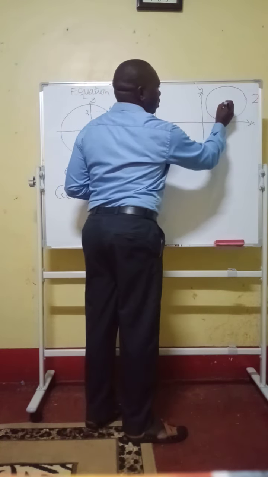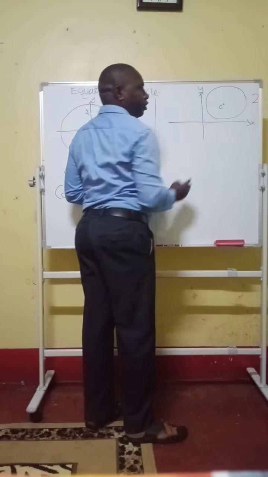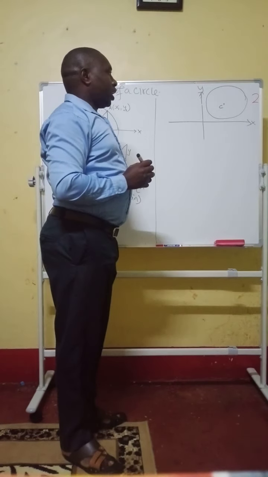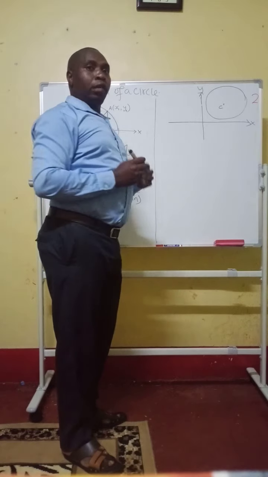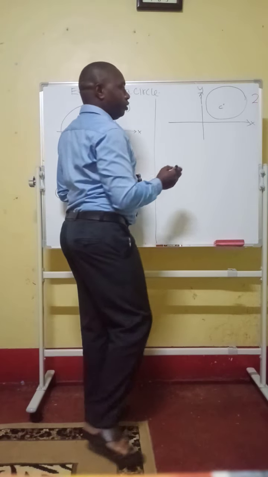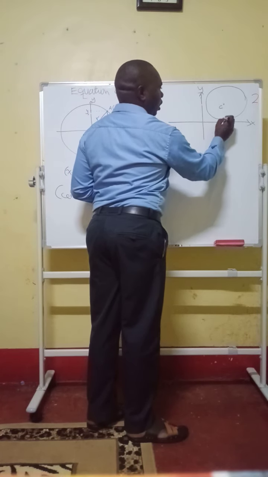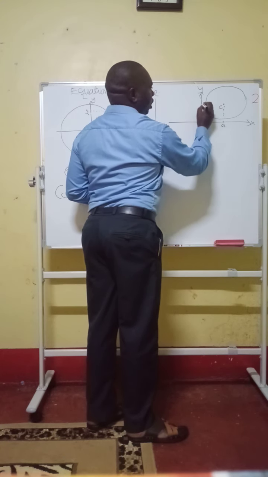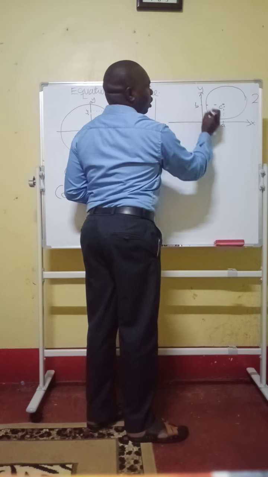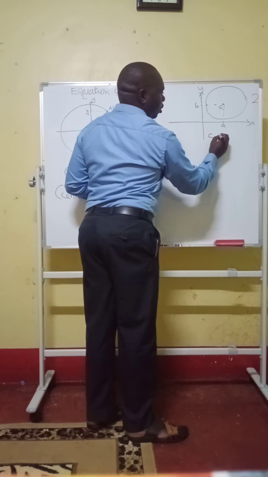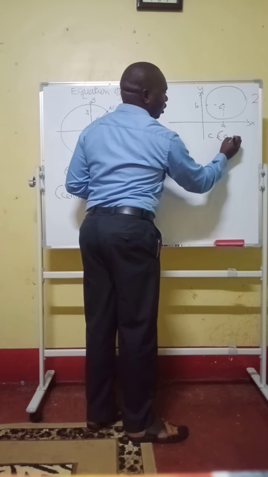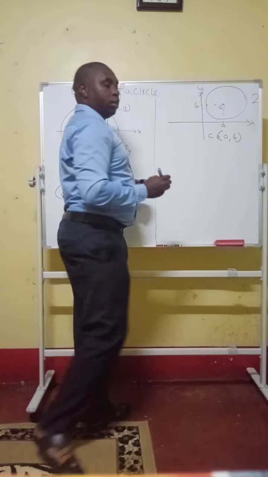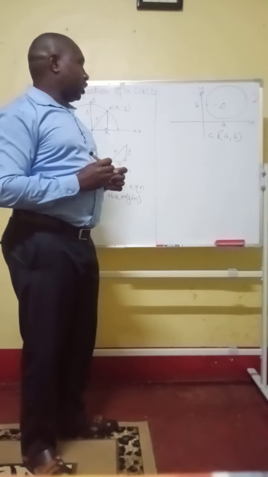In such a case, if that is our center, then we can determine that particular point by the use of the x and y coordinates. Assuming this is point A and that is point B, then our center will be represented by a and b in terms of coordinates.